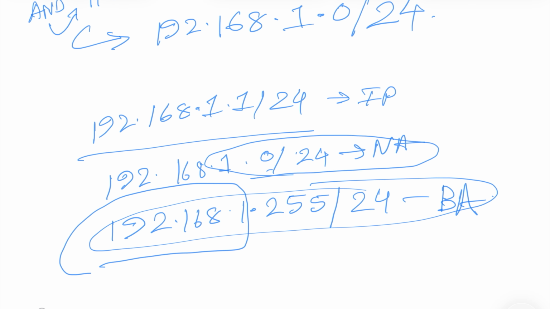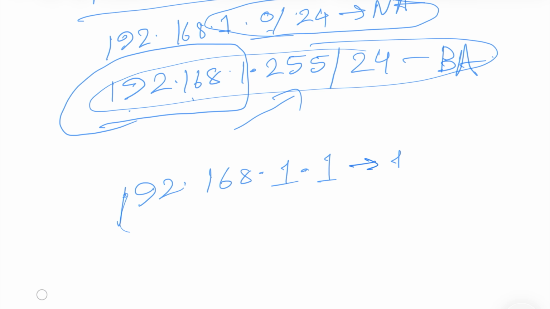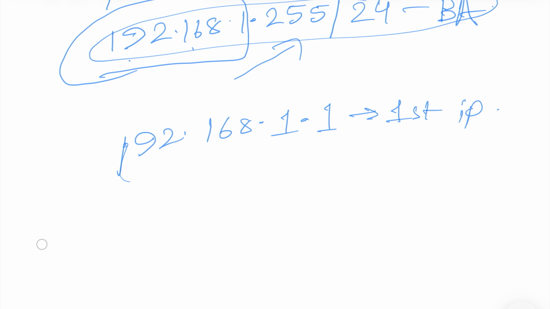What does it mean by all the hosts? In this range, 192.168.1.1 is my first IP. I'm not going to write down the whole thing. What is my second IP? This is my second IP.